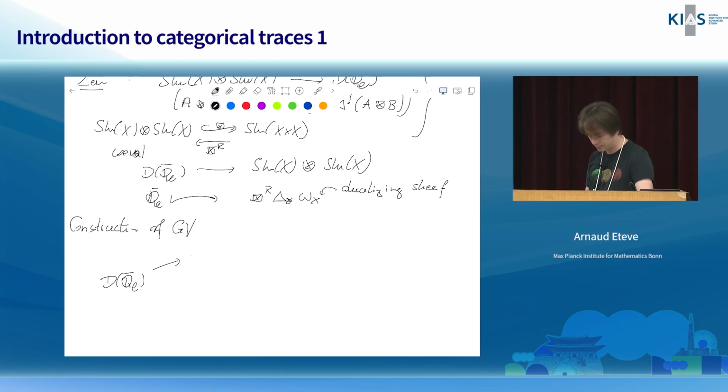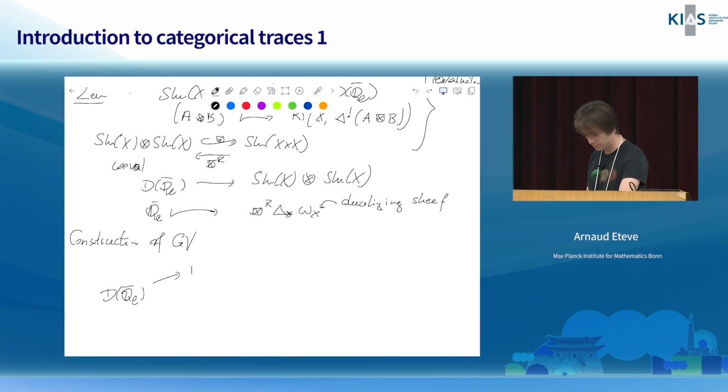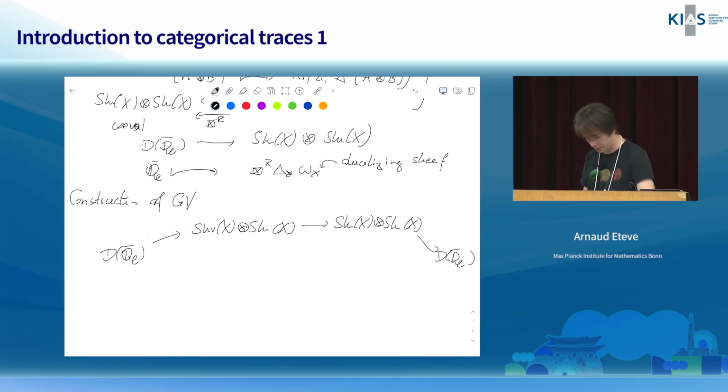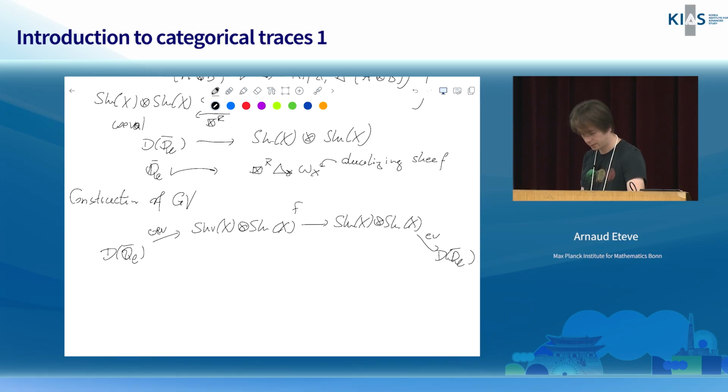You have this trace, which is this composition. So that's going to be the co-evaluation and the evaluation. And it's going to be f lower star tensor identity.